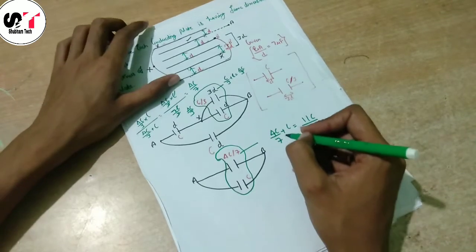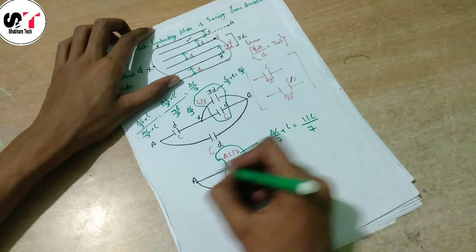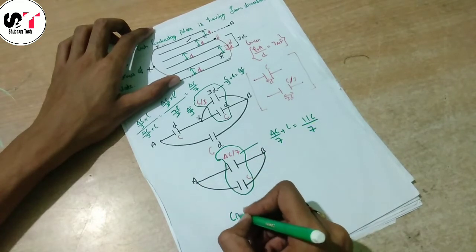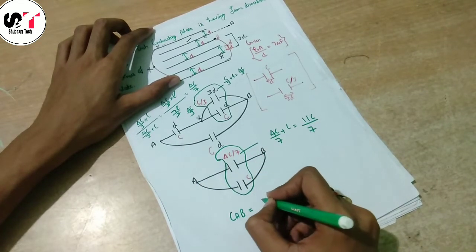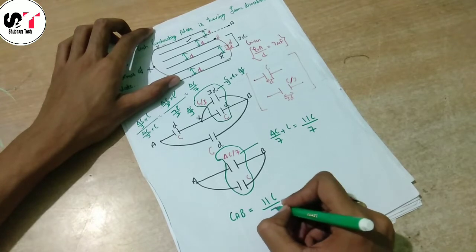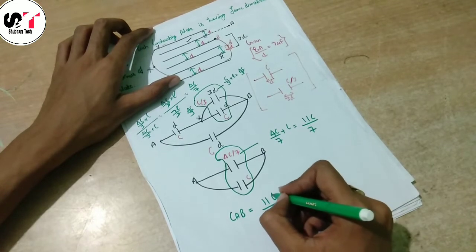The final result of C equivalent between A and B points is 11C by 7.